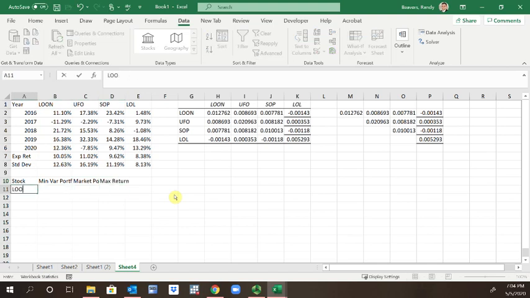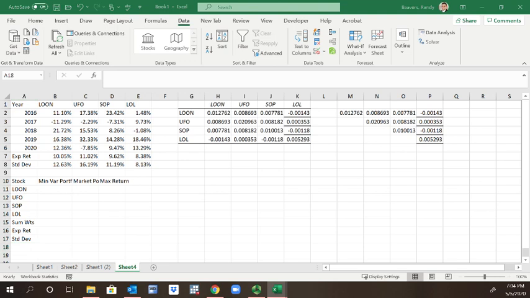So we've got Loon, UFO, Stop. Below here, we're going to have our sum of weights. We'll have the expected return of the portfolio and the standard deviation.